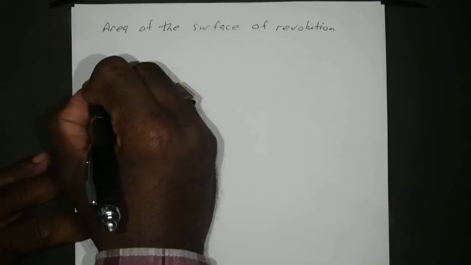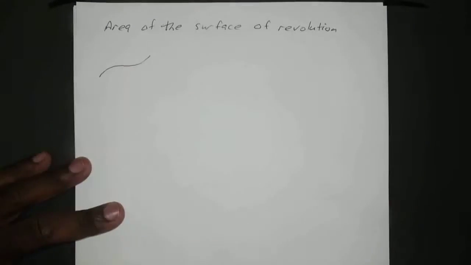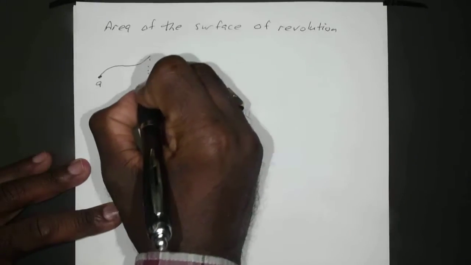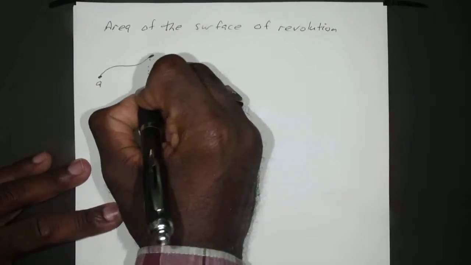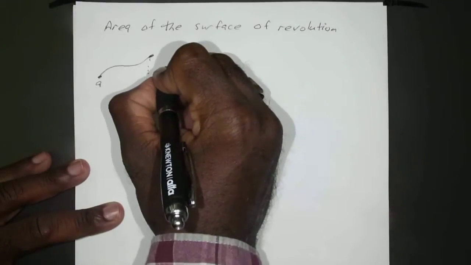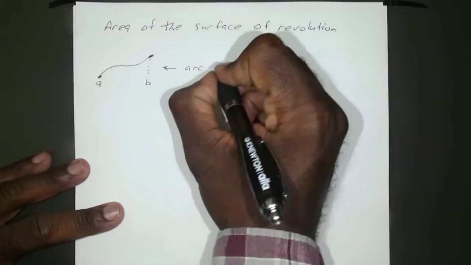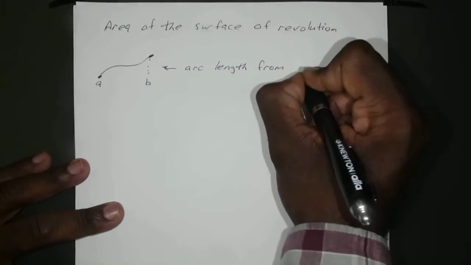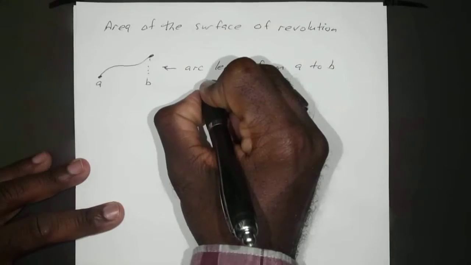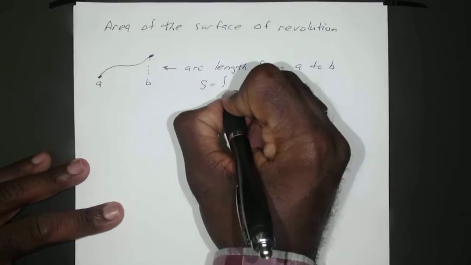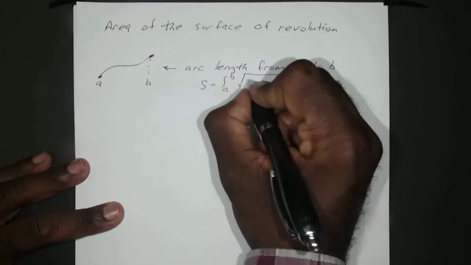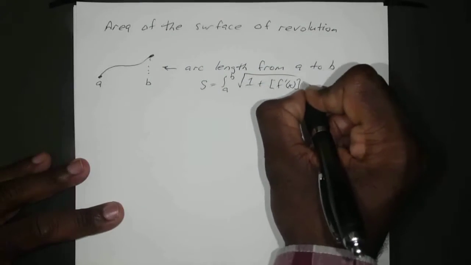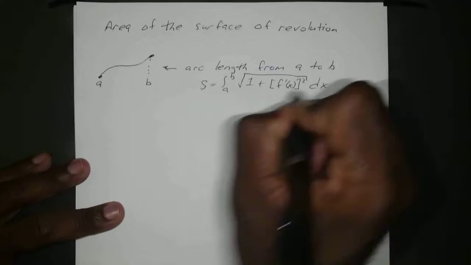Okay, so let's say from A to B, you know that the arc length from A to B, we'll just use s equals the integral from A to B, square root of 1 plus f prime of x squared with respect to x.